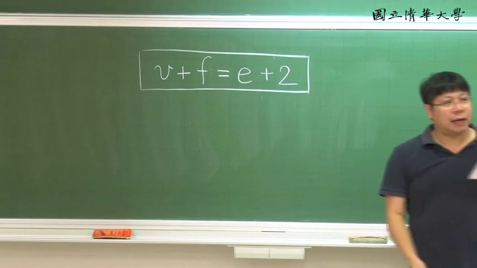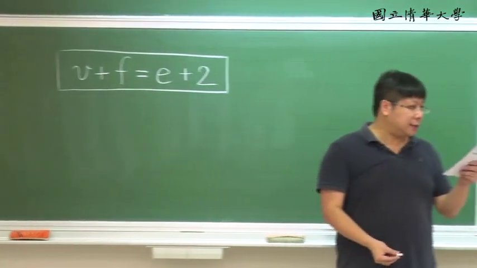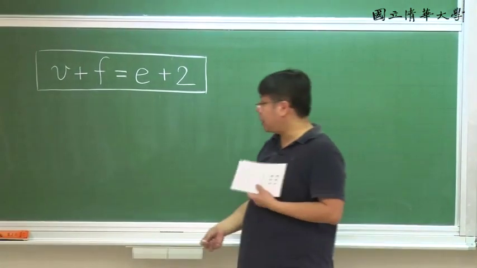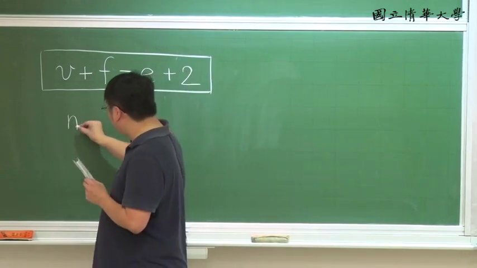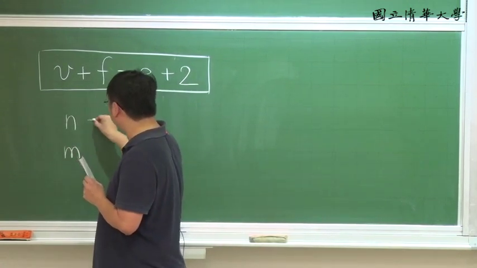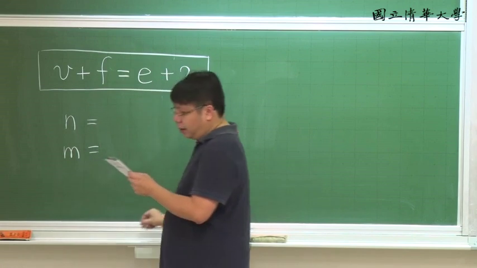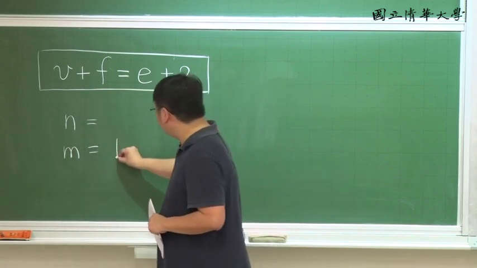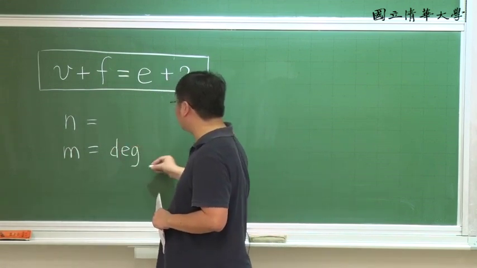First of all, let me define two extra notations, n and m. m is the degree of each vertex in the Platonic solid.